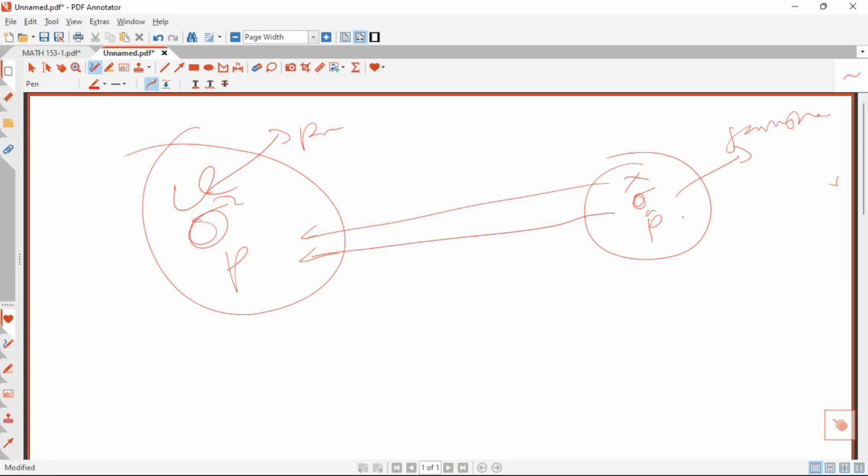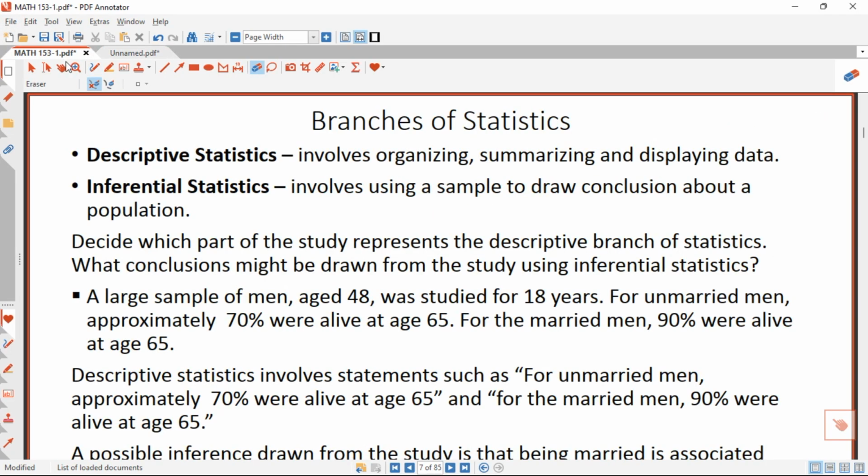The sample mean is used to estimate the population mean. The sample variance is used to estimate the population variance, and a sample proportion is used to estimate the population proportion. So one way or the other, all that we are trying to say is that this sample is used to describe the population. That is what is meant by inferential statistics.